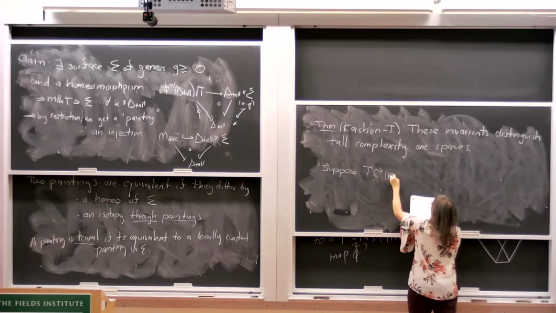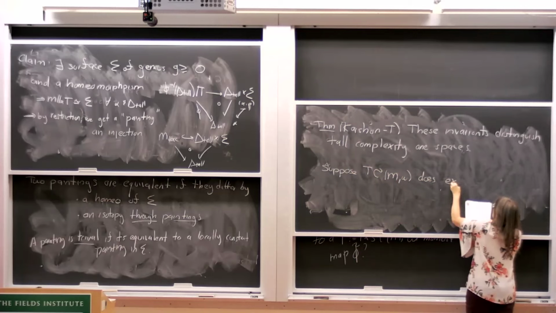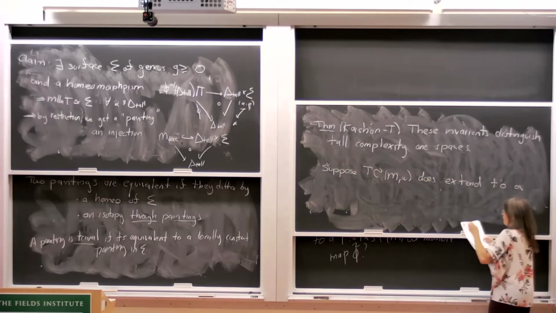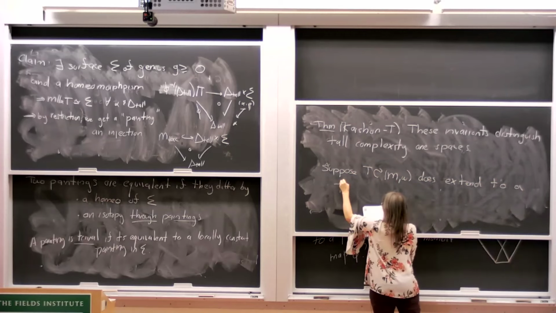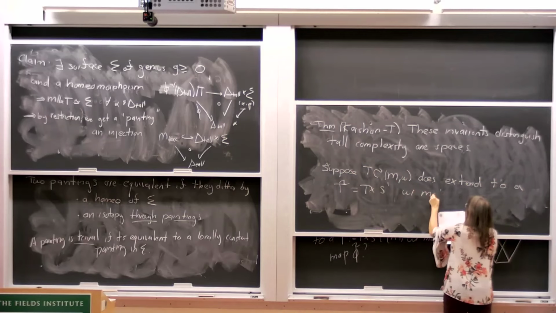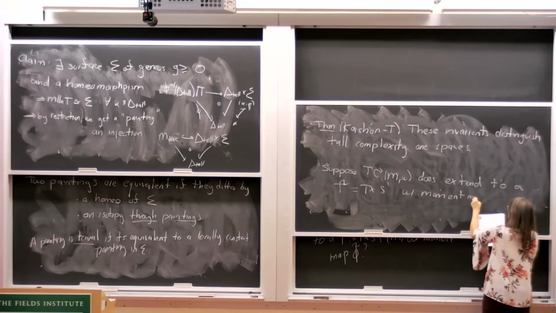Suppose the T action on M omega does extend to T tilde equals T cross S1 action with moment map phi tilde.